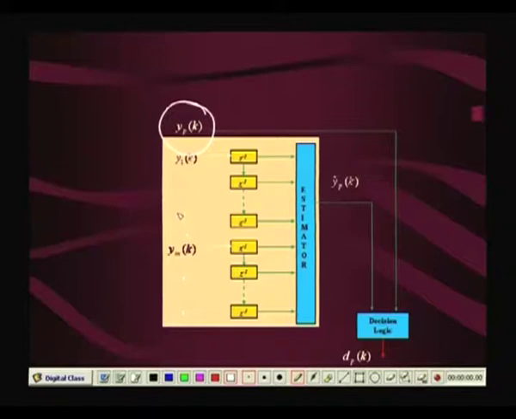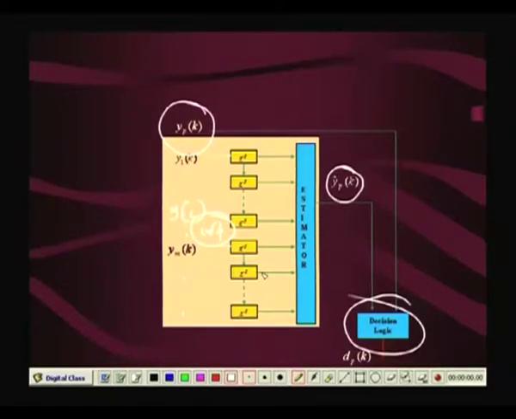The general case is yi where i is not equal to p. So excepting yp, you send all of these to the estimator, and then it generates an estimate of yp called y hat p, and then you compare these using a decision logic to understand whether the pth sensor is actually healthy or not.